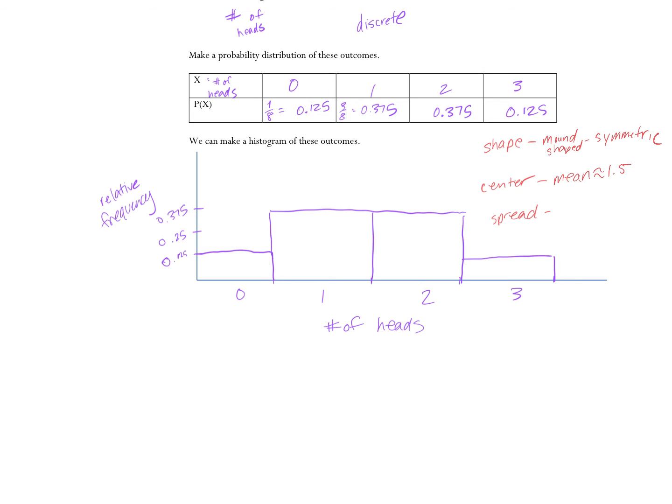In this case, they're identical, but yeah. Now, you guys, the mean is not talking about one trial. It's talking about lots and lots of trials. So it's okay that the mean is 1.5, even though it's impossible to get 1.5 heads on a trial.